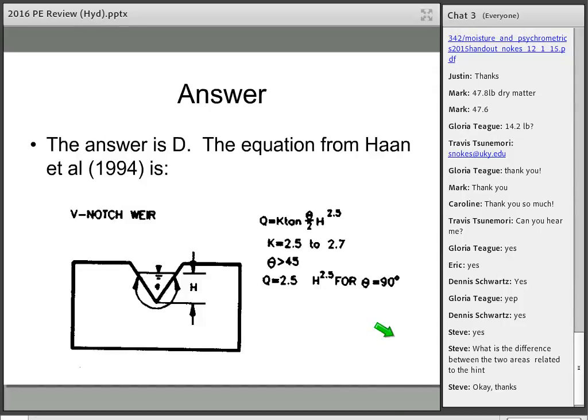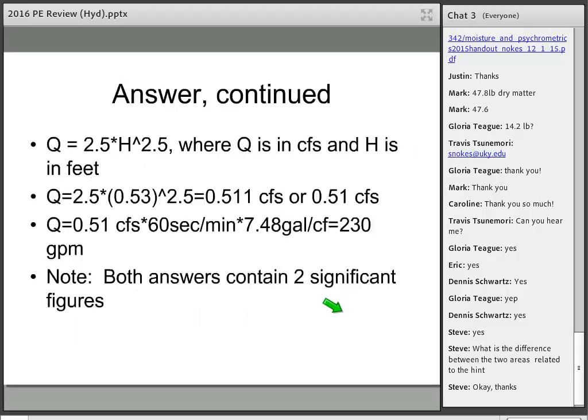Okay, the equation, which I just gave to you, is 2.5 times h to the 2.5, because we have a 90 degree notch. And when we do the calculation, then we've got 2.5 times h raised to the 2.5. Q is in CFS, h is in feet. So 2.5 times 0.53 feet raised to the 2.5 comes up to 0.511 CFS, or 0.51 CFS to 2 significant digits.